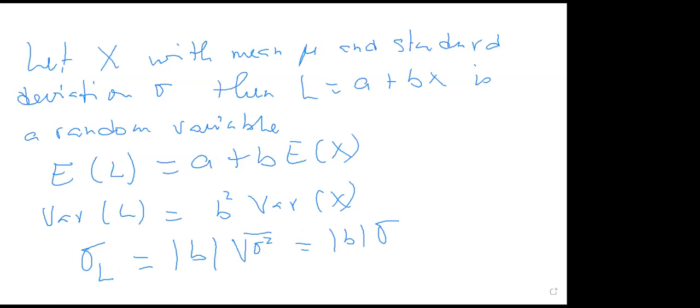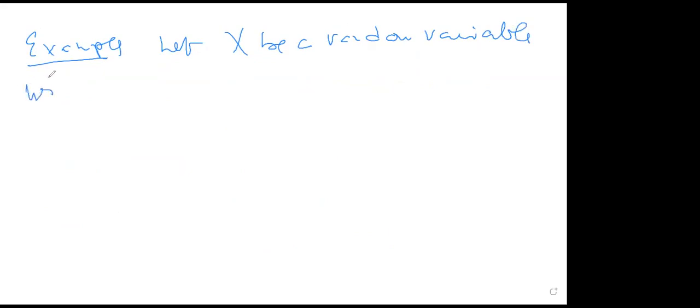Example. Let x be a random variable with mean mu equals 3 and standard deviation equals 2.